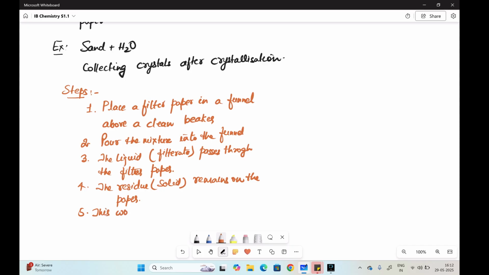So you can say this works because solid particles are too large to pass through the pores in the filter paper.